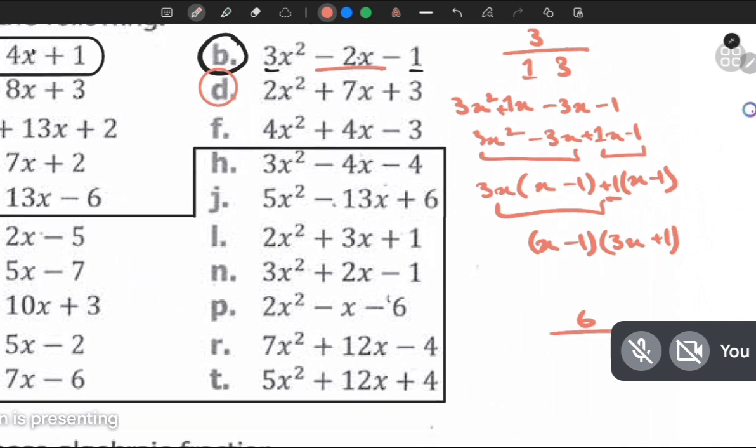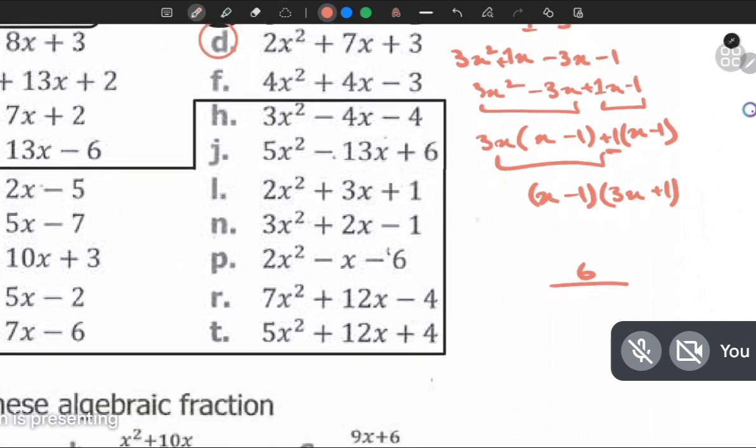What are the factors for 6? We can do 1 and 6. 1 plus 6. So 1 plus 6 अगर हम कर लेते हैं, so we get 2x square. उसके बाद plus 1x plus 6x and plus 3, right?